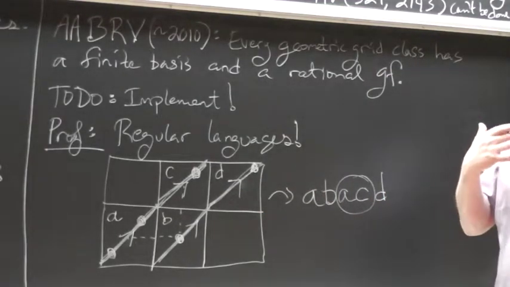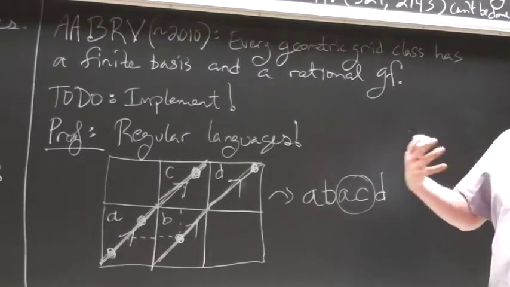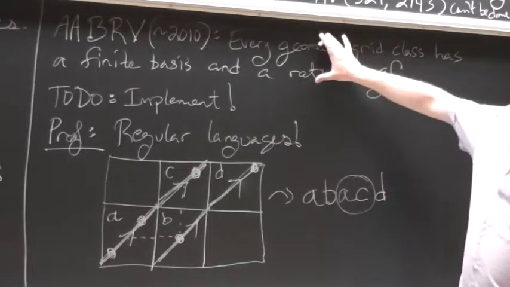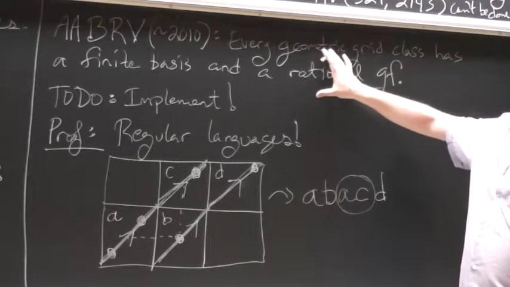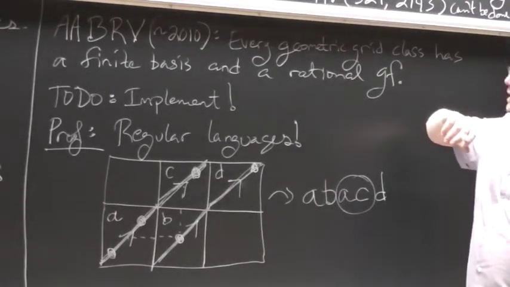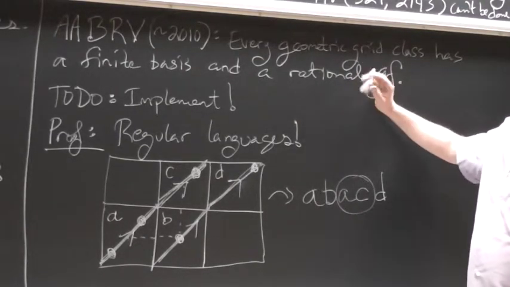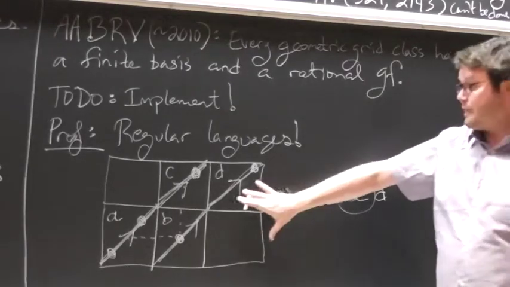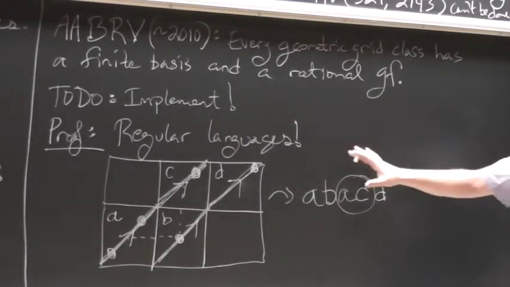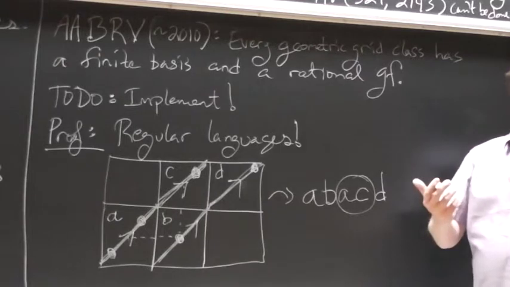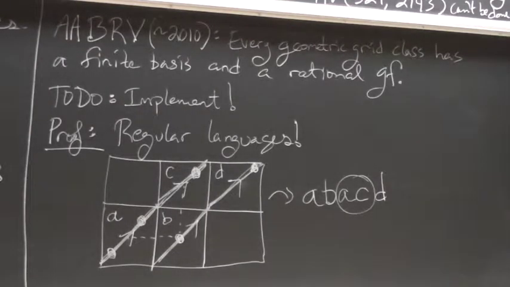That does not mean that it's not possible. I mean, we've proved it exists, right? So we know it's a regular language. But we don't know how to effectively compute it. So we don't know how to automate this step of getting a regular language that describes, in a one-to-one manner, the permutations in that geometric grid class.